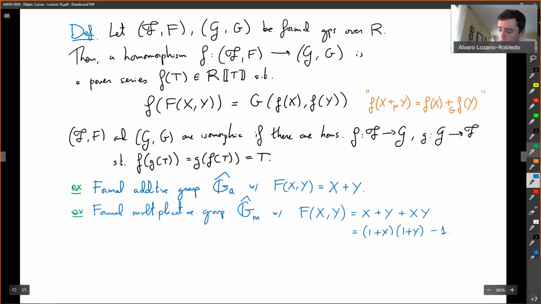Okay. Then the formal group we are interested in, for our purposes, we want an elliptic curve defined over a ring R, and then the formal group attached to the elliptic curve is going to be the one with f of z1, z2, the addition law we defined before.